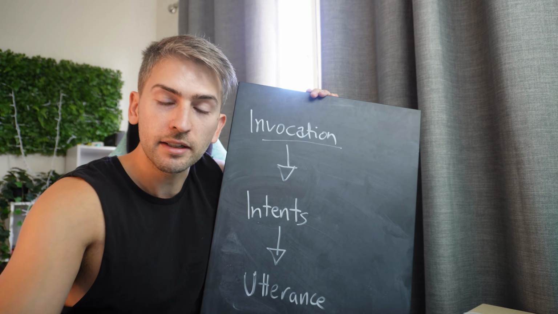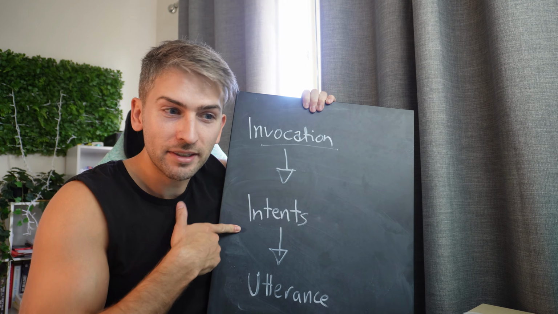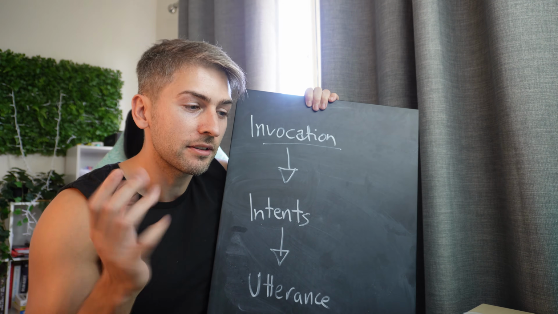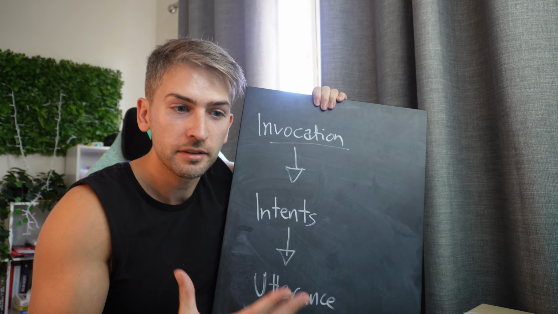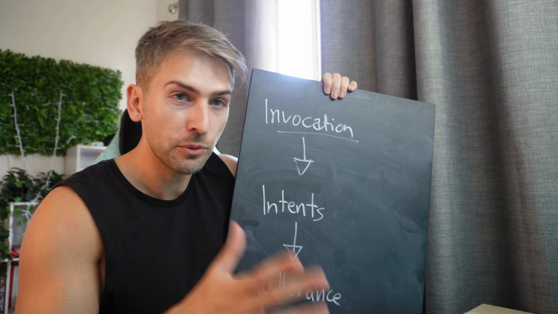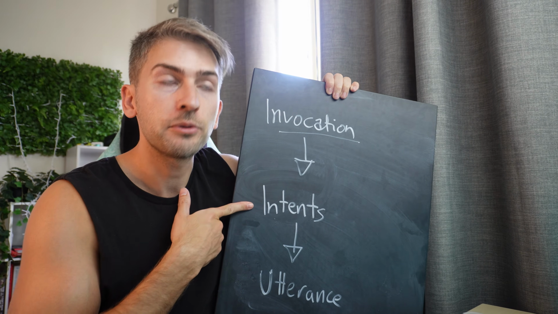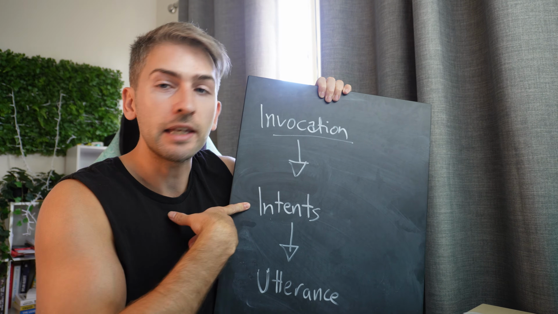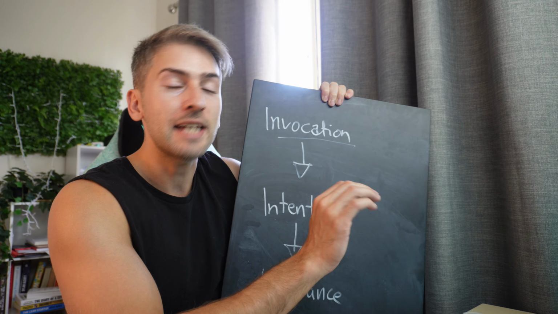Essentially, a custom skill is just a glorified if-then statement. And intents are basically if-then. So if a user says this particular phrase, send them to this particular type of code block. You'll see this very shortly in this Hello World example that I'm going to show you, where if you say hello, it'll route you through to the Hello World intent.